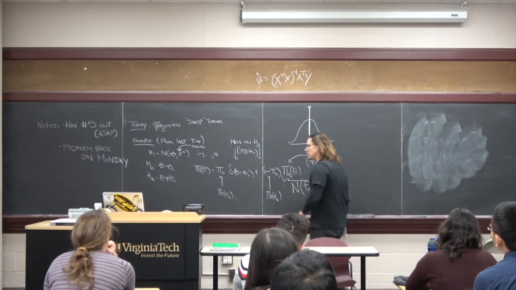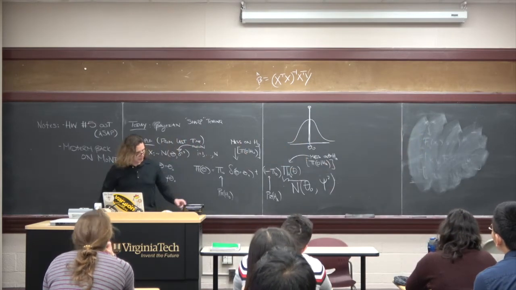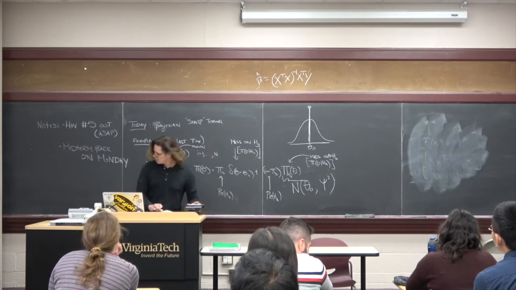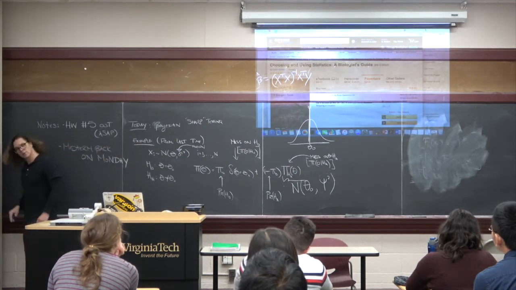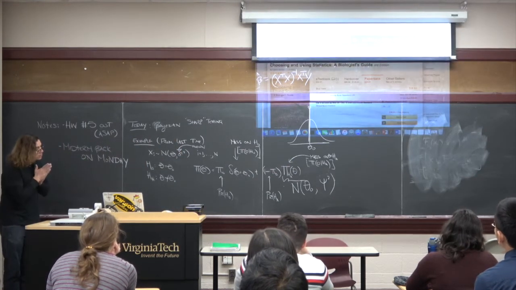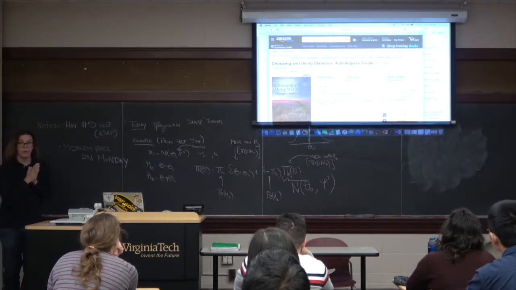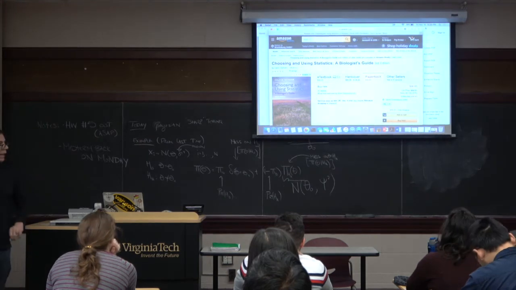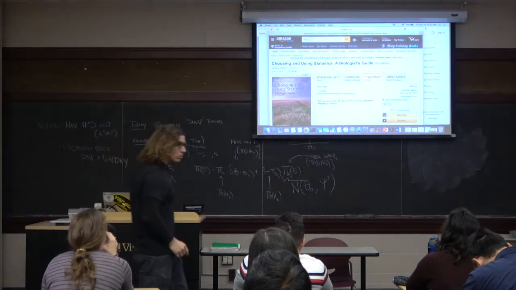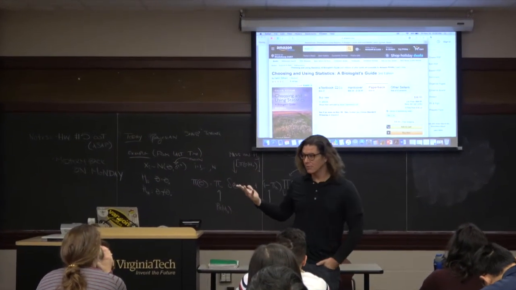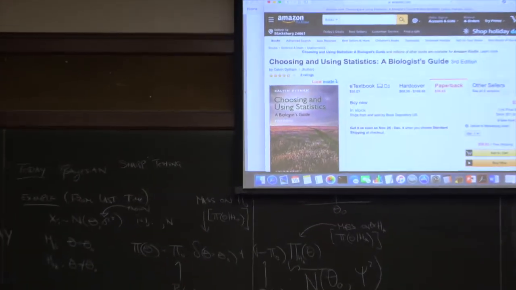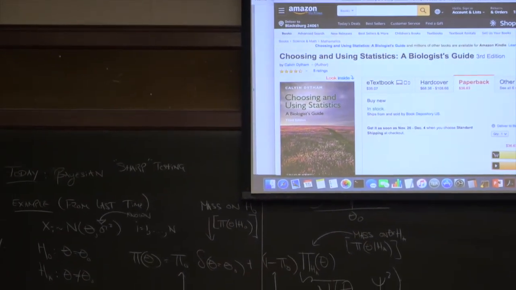I want to point you in the direction of a textbook that I find peculiar. As long as this is on Amazon, I'm going to keep pointing to it. I found this on Amazon when I was in graduate school, 2006. As long as Professor Dytham is selling this book, I'm going to point to one of his passages here.